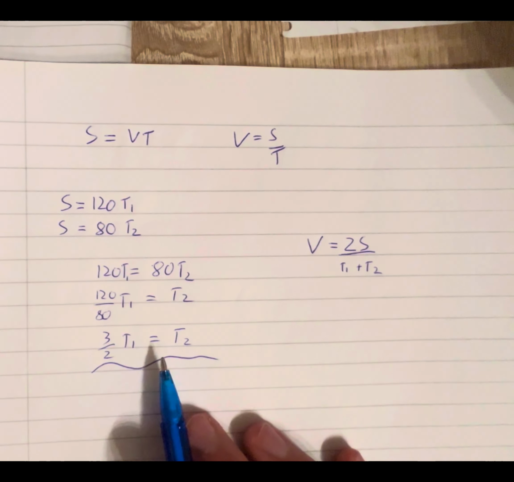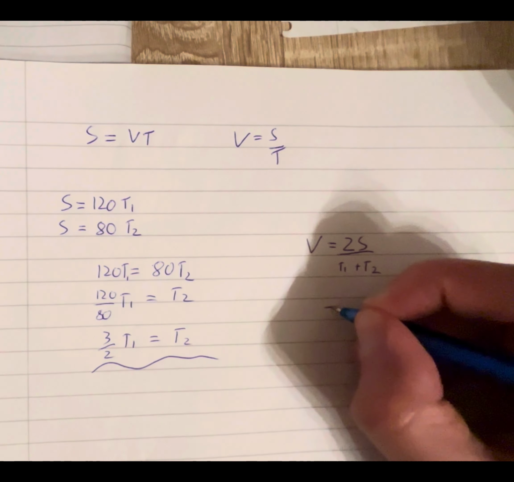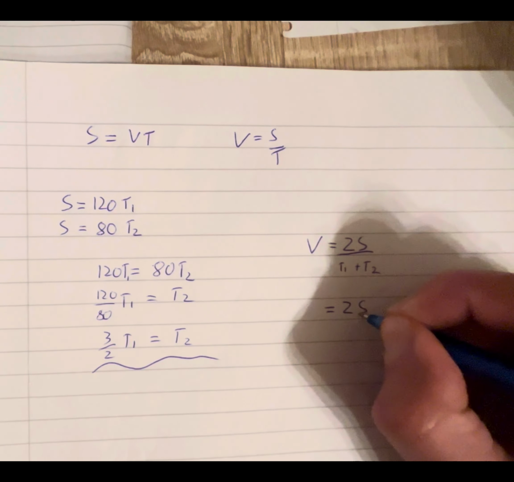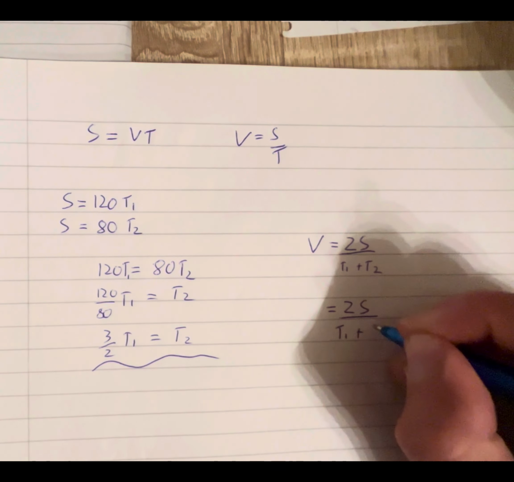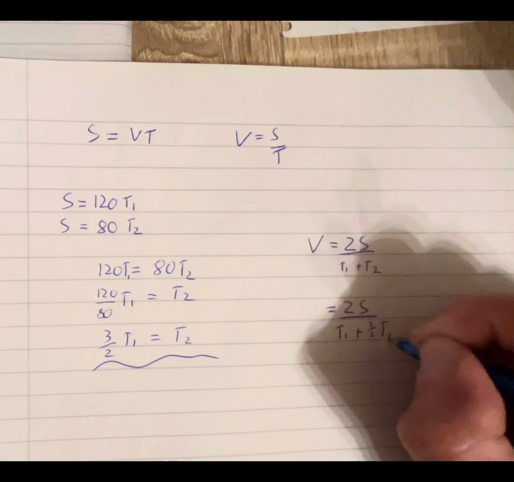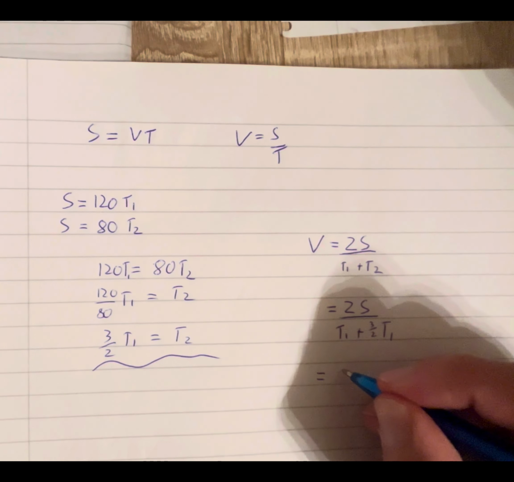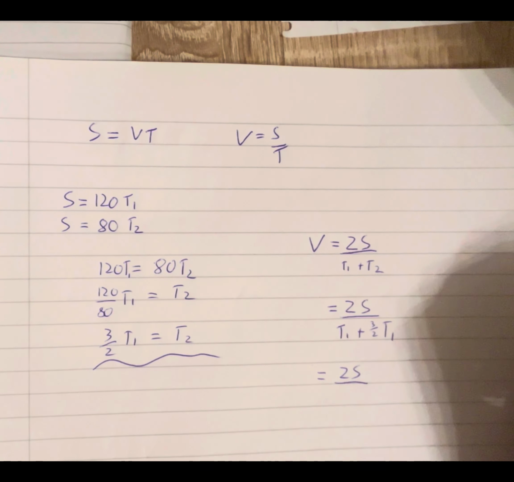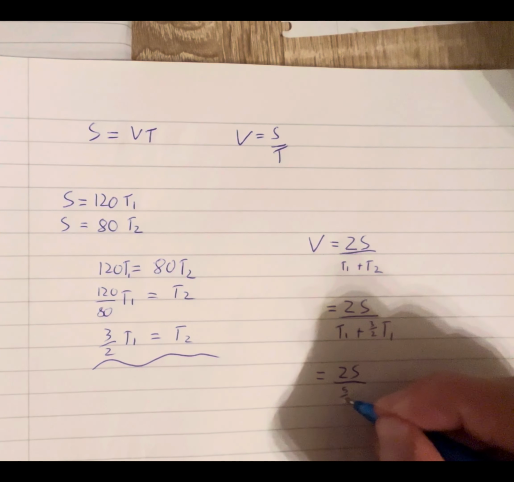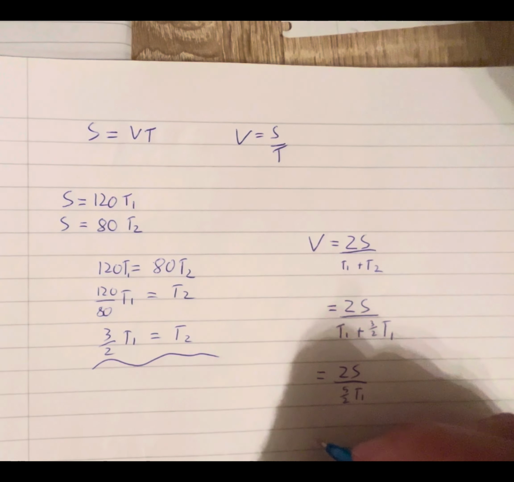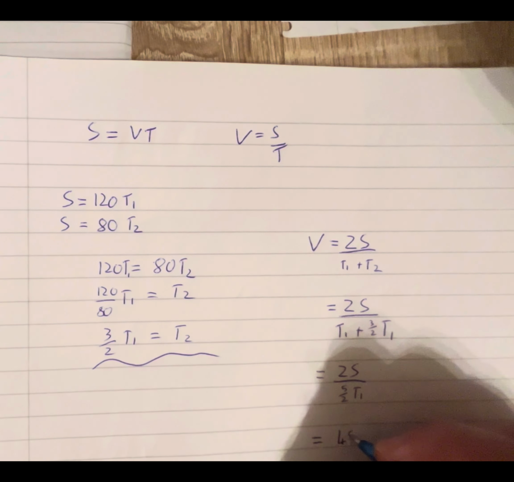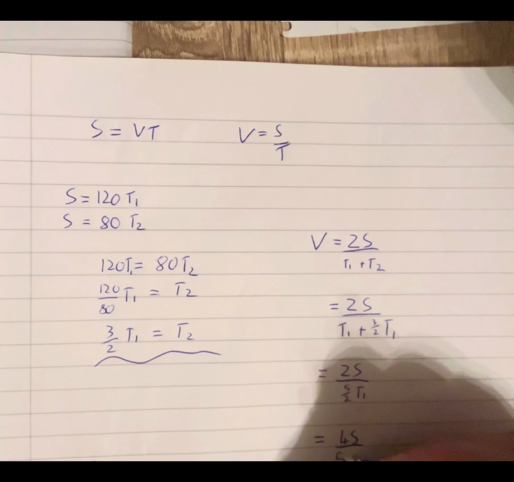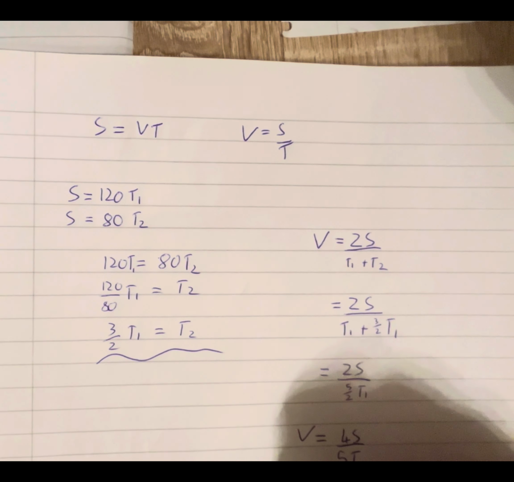Because I've got an expression for t2 here, I'm just going to sub that in, so we've got 2s over t1 plus 3 halves t1, which equals 2s over 5 halves t1, which you can just move that 2 up, so you get 4s over 5t1. Right, that's the average speed.